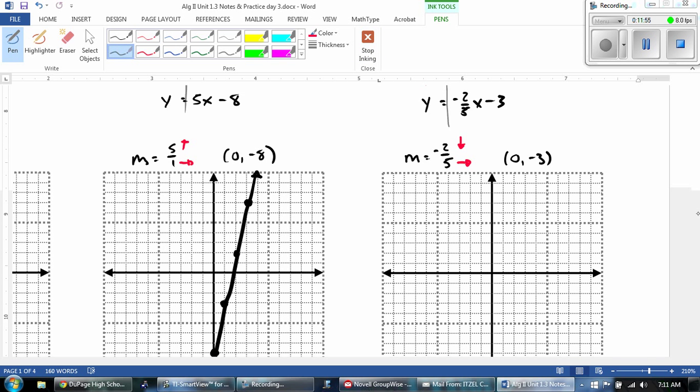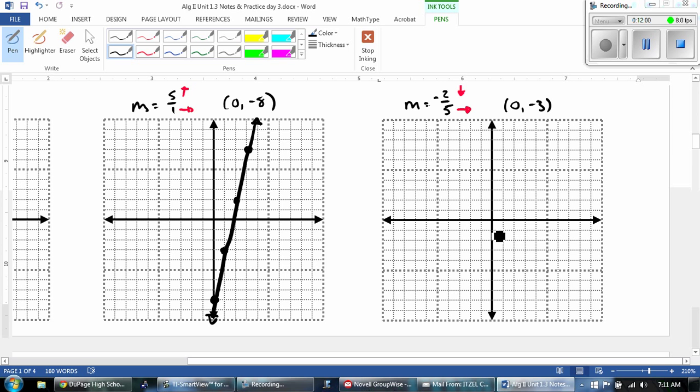Okay, so starting at negative 3, 1, 2, 3, down 2, over 5, down 2, over 5, and I'm going to do that in the opposite direction, completing my pattern. Okay? And then we're going to line up our points using a straight edge. And drawing our line.